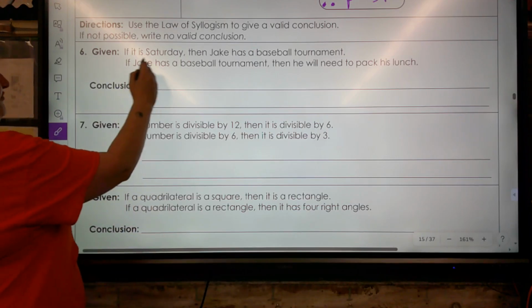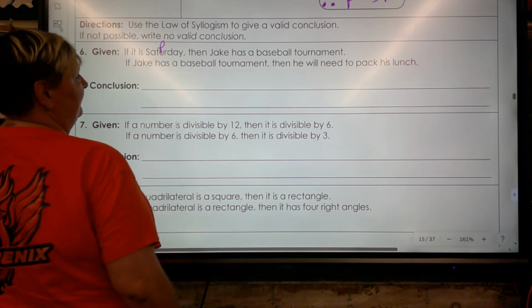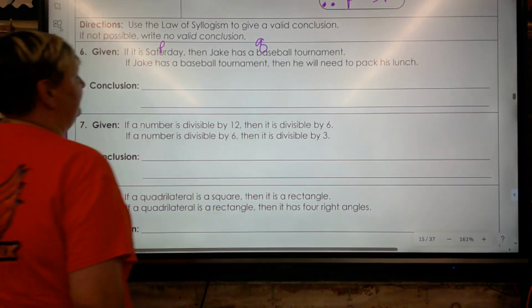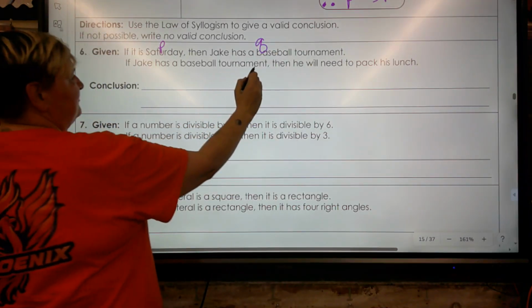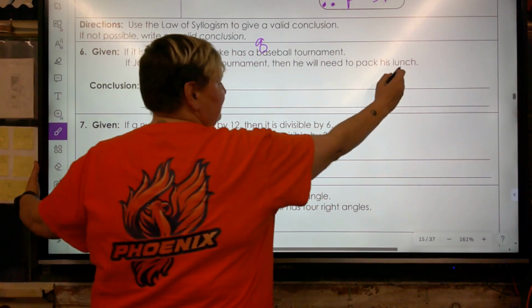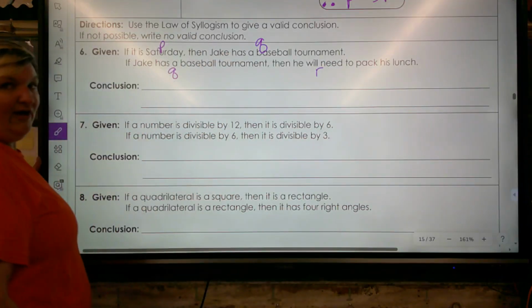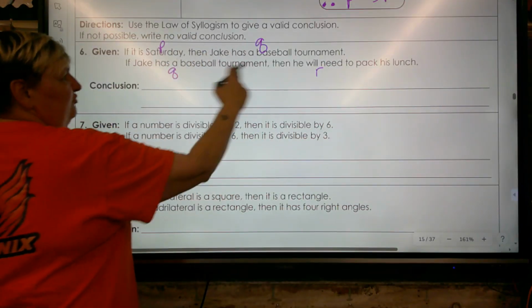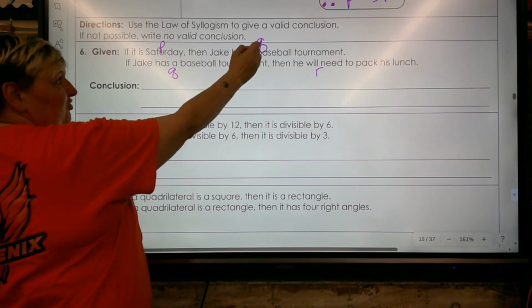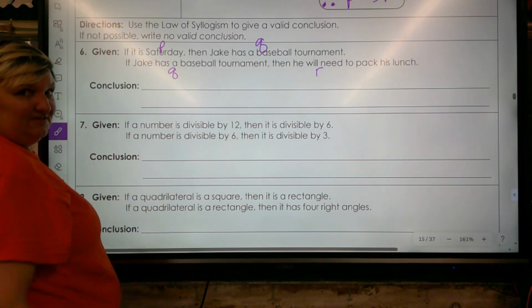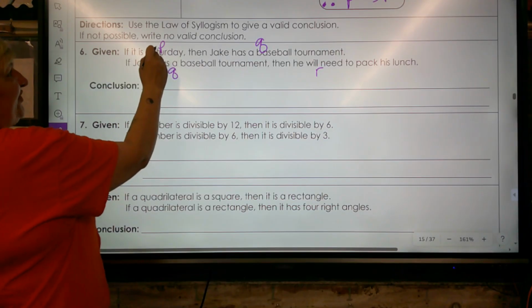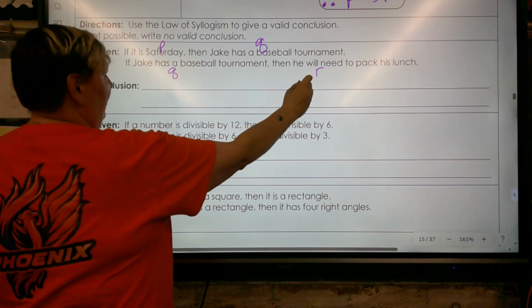If it is Saturday, P, then Jake has a basketball tournament, Q. If Jake has a basketball tournament, Q, then he will need to pack his lunch, R. It follows pattern, P, Q, Q, R. Conclusion becomes hypothesis. Law of syllogism. That means we can go straight from P to R.